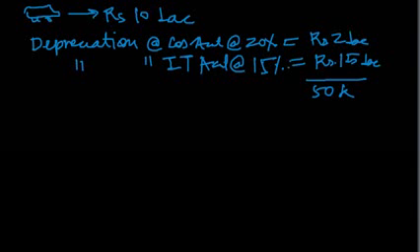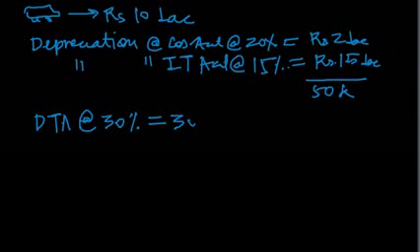So what will the deferred tax asset be? Deferred tax asset, at the company's income tax rate of say 30%, will be equal to 30% of 50,000, which is equal to 15,000.